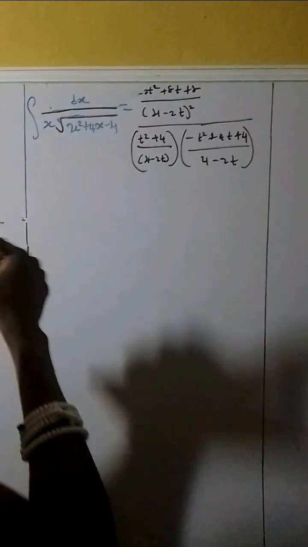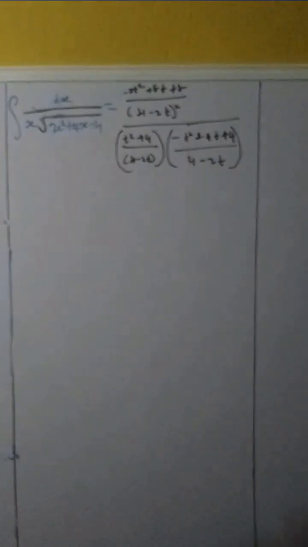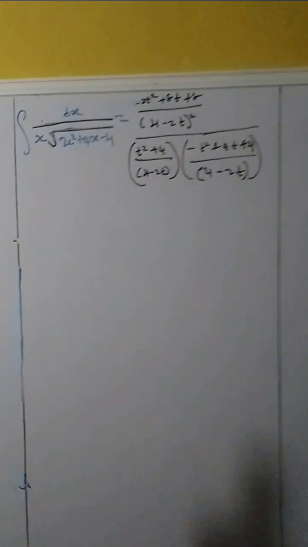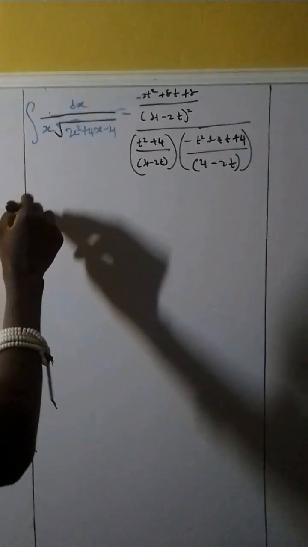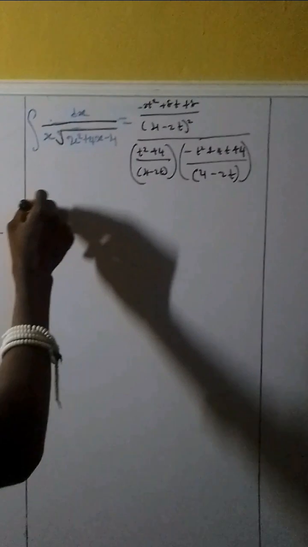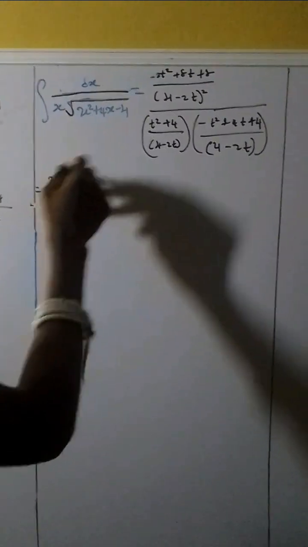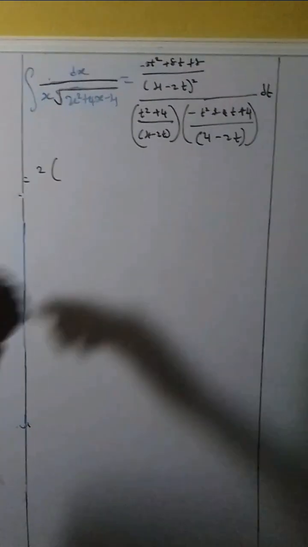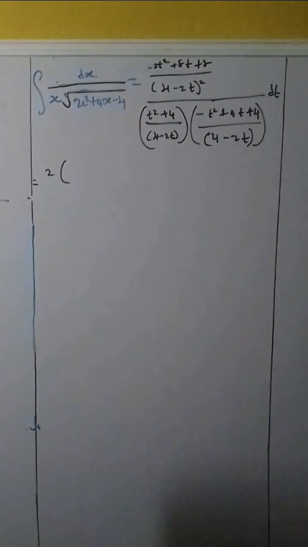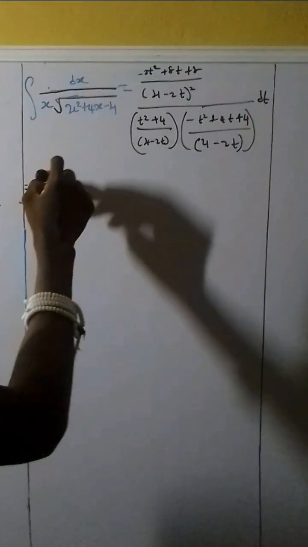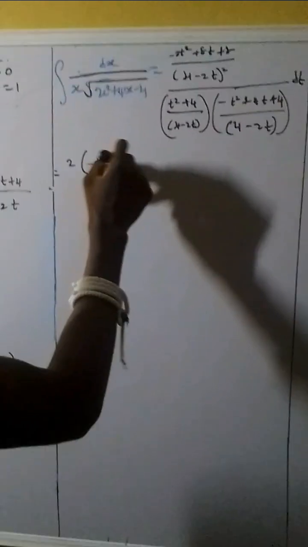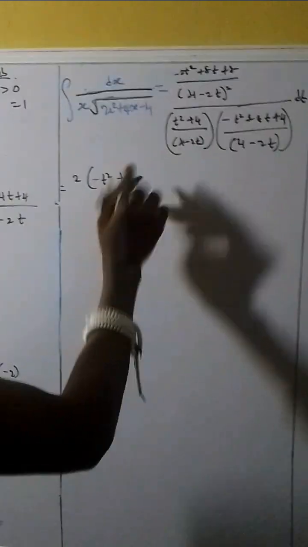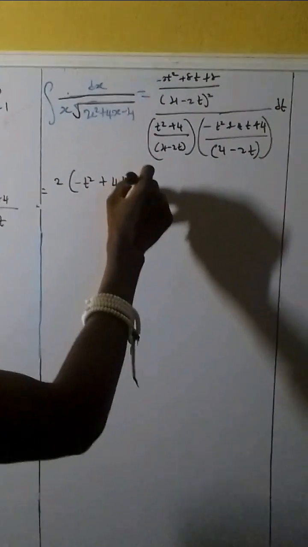So without wasting our time, guys, this is making some sense, and this could be equals to, you can have your 2 outside here, then our dt. It has changed to dt because we are expecting t now. We are expecting t as an honored guest. So that will be minus t squared plus 4t plus 4, right?